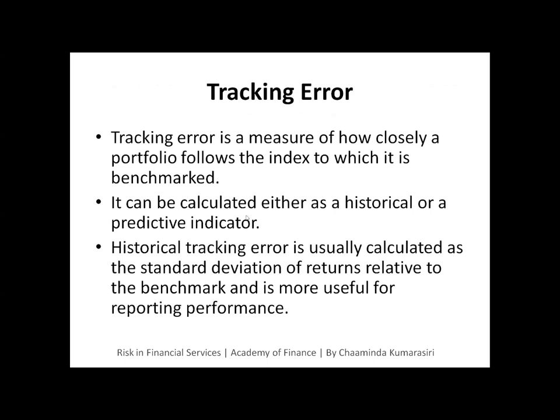Tracking error I explained earlier also when I discussed the previous ratio. So this says how closely the portfolio follows the benchmark. So when you have a portfolio, you measure certain parameters to take the performance of the portfolio, right?